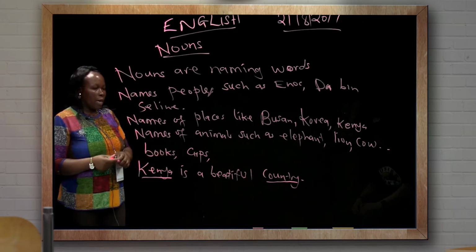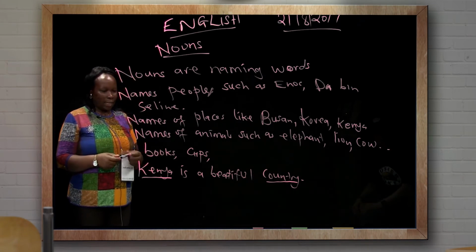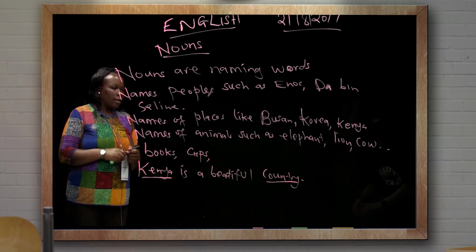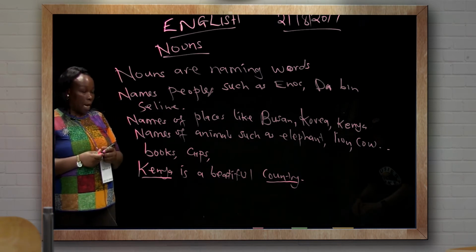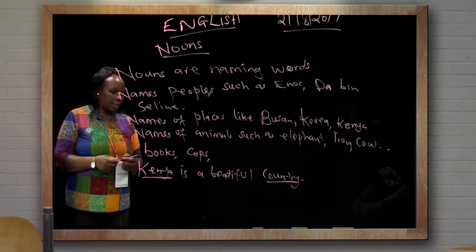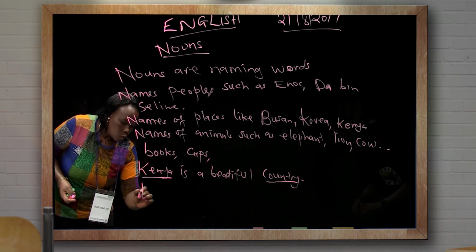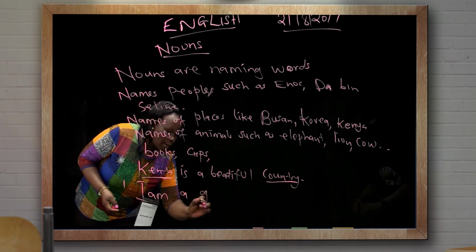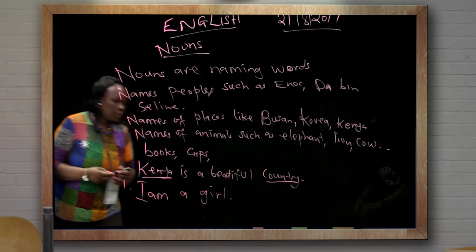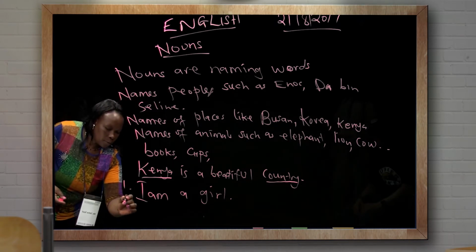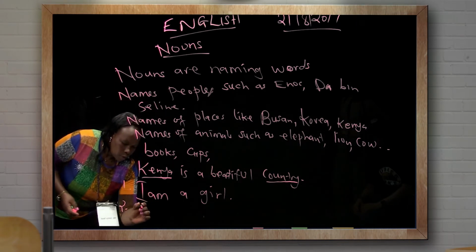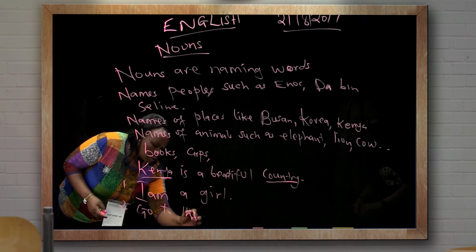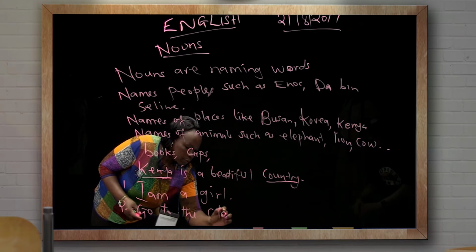So for your homework, I'm going to give you a few sentences, and you are going to underline the nouns in the given sentences. 1, I am a girl. 2, Go to the classroom.